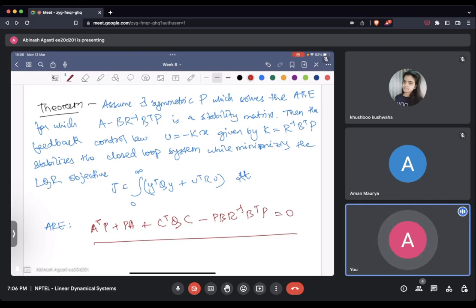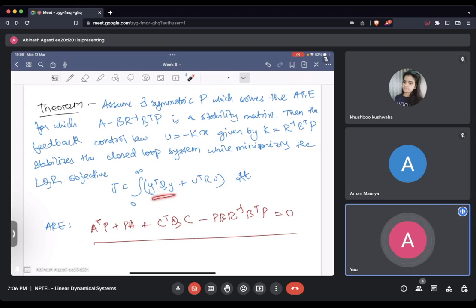Okay, so is this result clear? Just the statement of the result. We need not go into the details of the proof, but what the statement says is, I have some given LTI system with A, B, C matrices given, and I want to find a control law that minimizes this objective over all time.